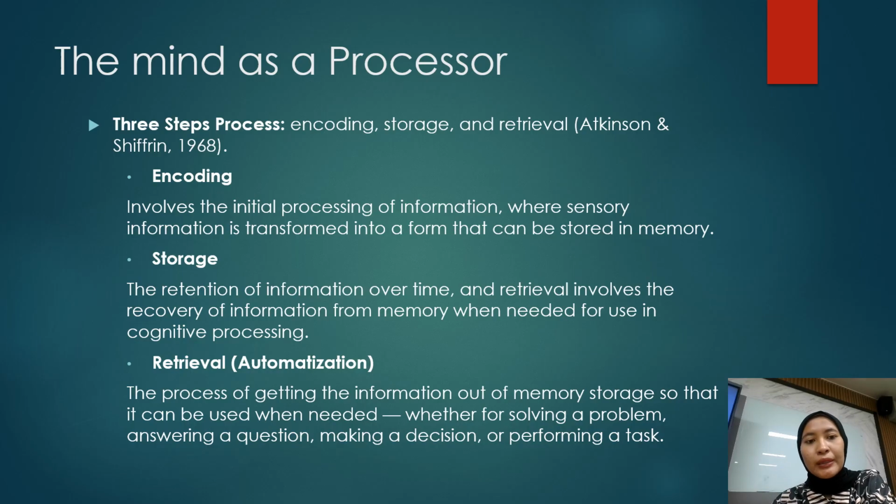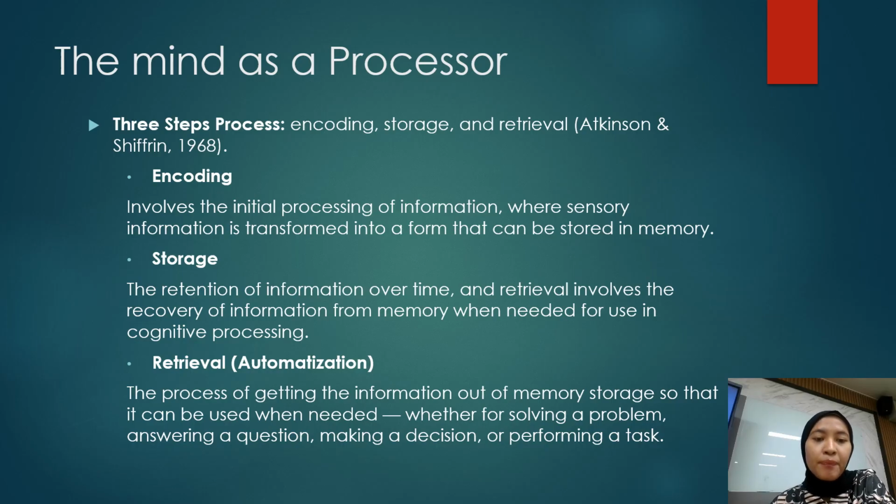So we go to the next step, the storage. The storage is the retention of information over time, and retrieval involves the recovery of information from memory when needed for use in cognitive processing. Then the last step is retrieval or automatization.